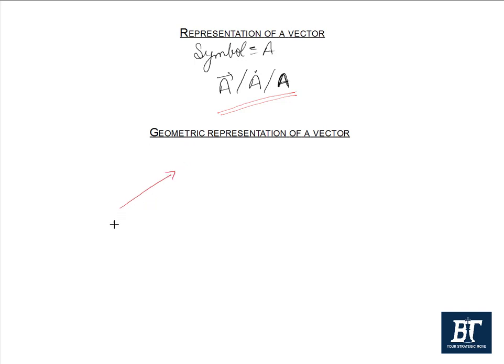This point here is known as the tail of the vector, and this point is called the head of the vector. The length of this line will give us the magnitude of this vector, while the direction in which this arrow is pointing will give us the direction of this vector.